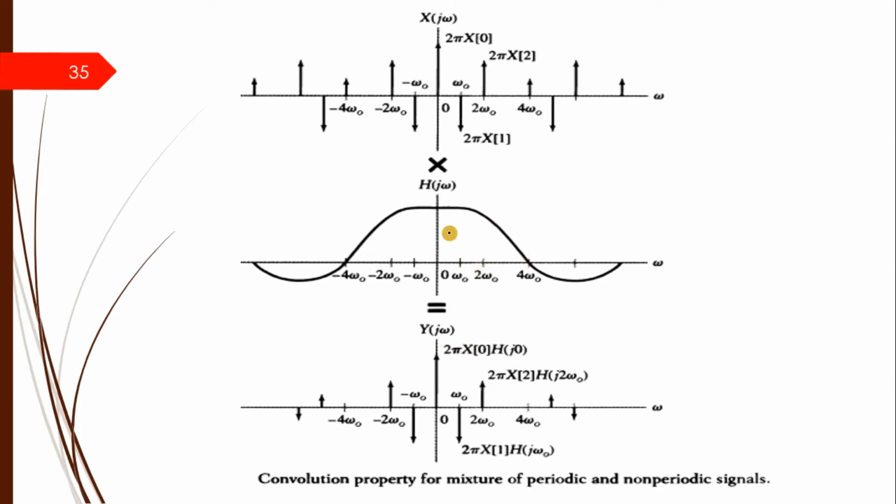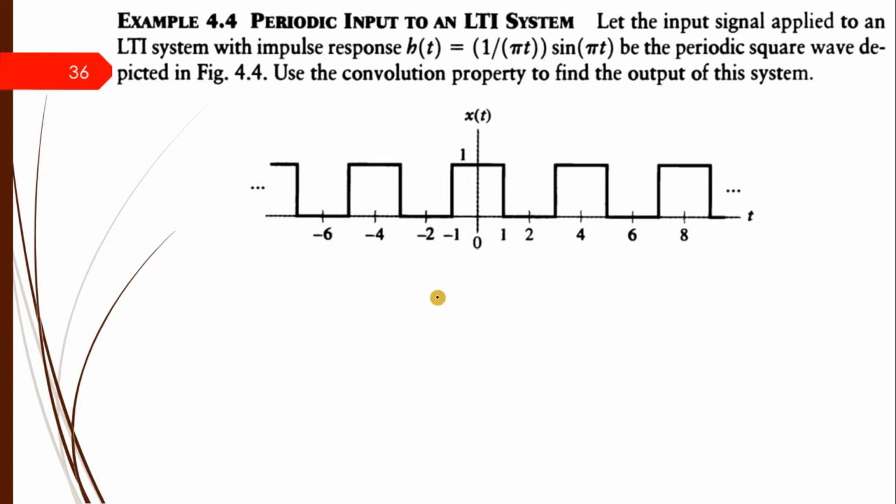Low frequency components are enhanced, whereas high frequency components are suppressed. This is what we studied in the previous session, and we just want to take a numerical problem on similar ground, to be solved using the previous concept, that is convolution.